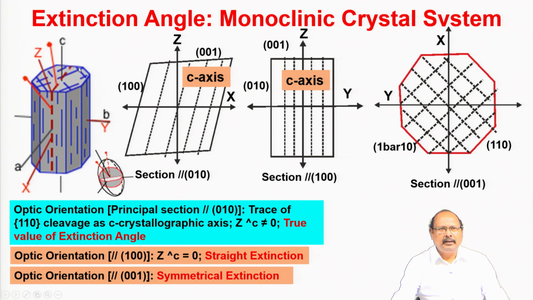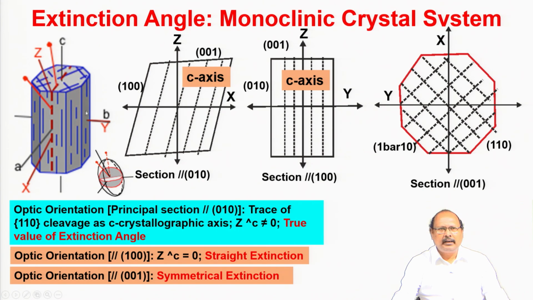So, in that situation, this plane, which will be the principal section of the indicatrix, is parallel to 010. In this plane you will have the z and x vibration directions, as has been shown here. And in this case, this is also the optic axial plane.